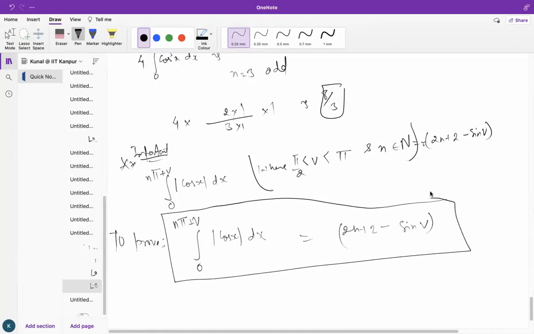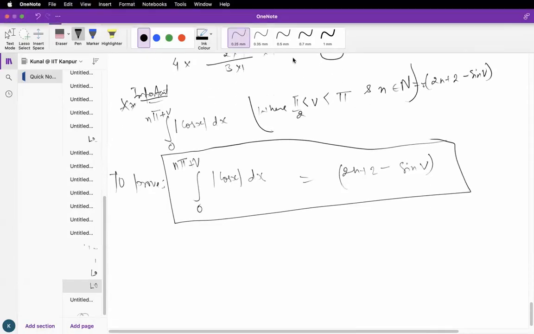Now pause the video and think about how to approach this problem. Let me give you a hint. We are using the property that we read in the previous class, and whose proof we also saw today. So you have to use those simple properties.